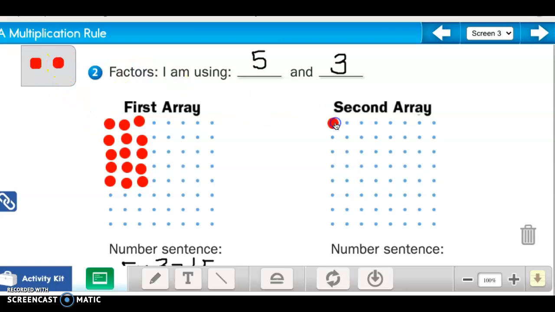So we're going to make 1, 2, 3, and then we're going to put 5 in each row. So 2, 3, 4, 5, 2, 3, 4.